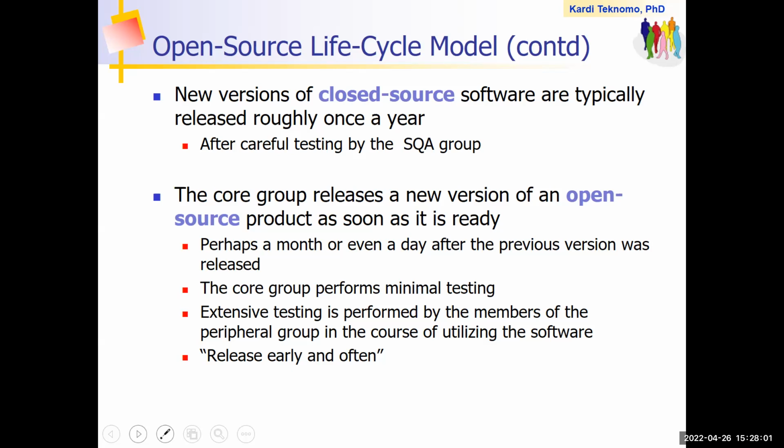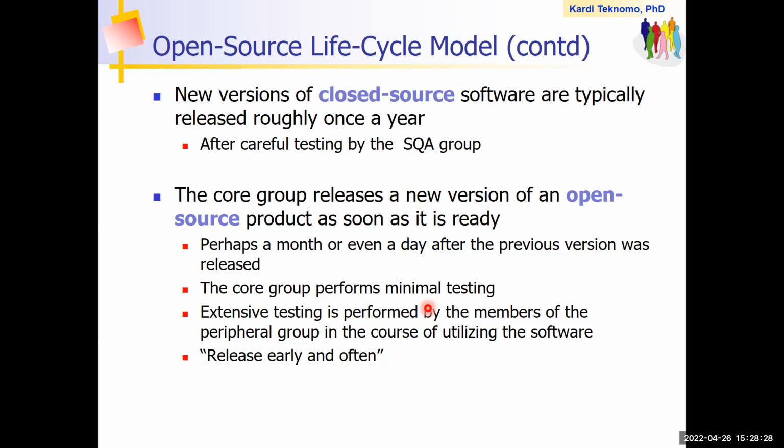The new version of closed source software is typically released probably once a year, after careful testing. While the core group in open source practically releases almost all the time. You can see the overnight build. The version is an overnight build.